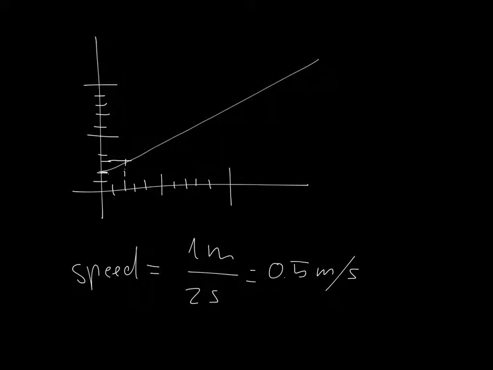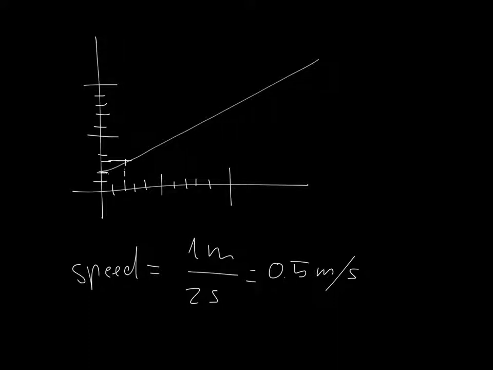Now, if you realize, this number that I just calculated is something that in mathematics we call the gradient. See, I looked at how much this rose, and I divided it by how much this runs. And this rise over run thing, we call it the gradient. I could do this with any other 2 points.